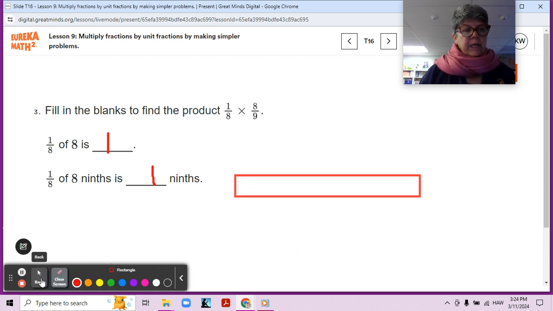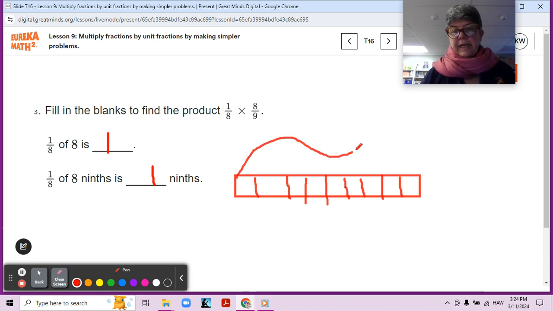All right, if you need to think about that a little more visually, we could do a little tape diagram and we could show 8/9. 1, 2, 3, 4, 5, 6, 7, 8, 9 parts, but I only have 8 of them, right? 8/9. So in this case, I am not worrying about this last part over here.